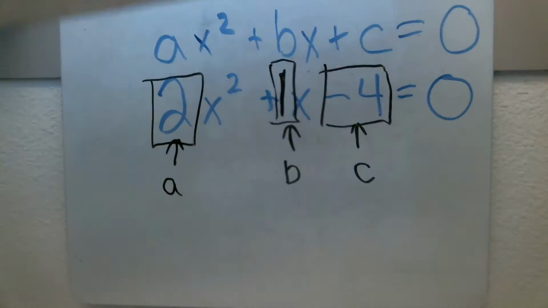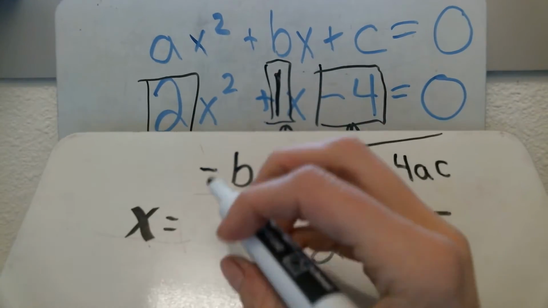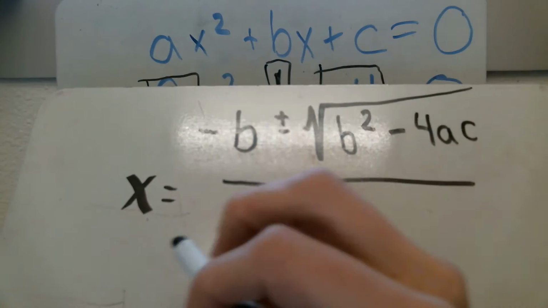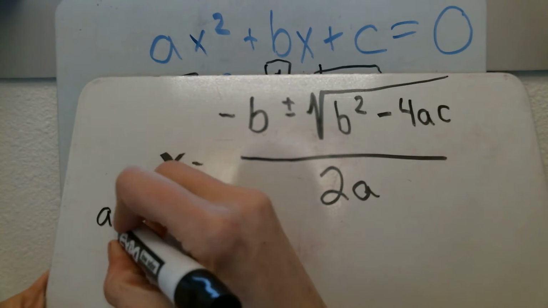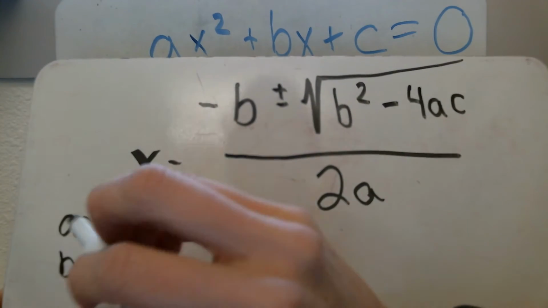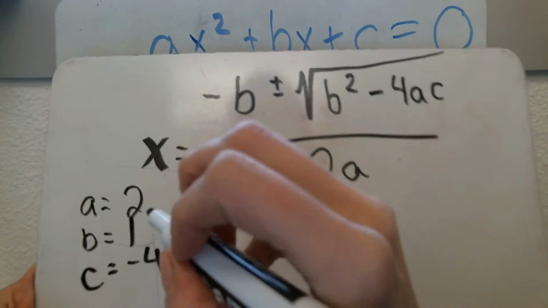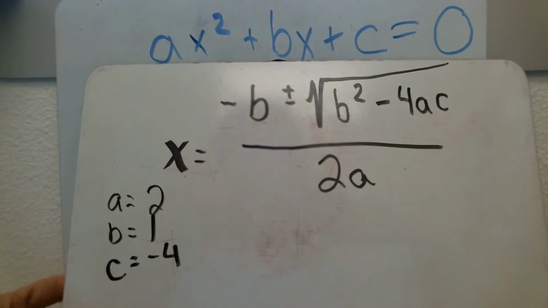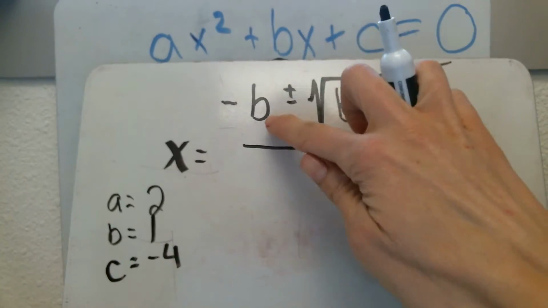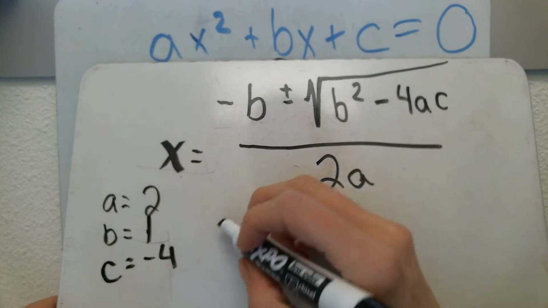Okay? So let's go ahead and solve this. So my a value is 2. A equals 2. B equals 1. And c equals -4. So as I plug these values in, the opposite of b means it's not going to be positive 1, but it's going to be negative 1.